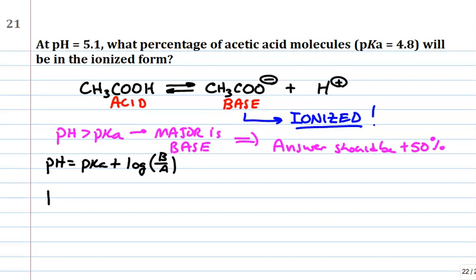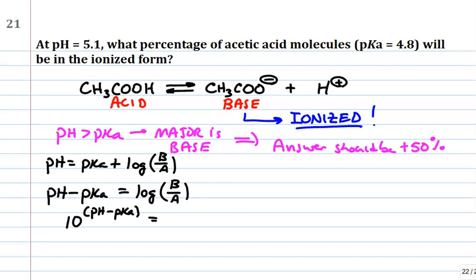So here we go. pH minus pKa equals the base 10 log of B over A. Again, we're not pushing back the bounds of math here. 10 raised to the, now this is important, (pH minus pKa) equals B over A.